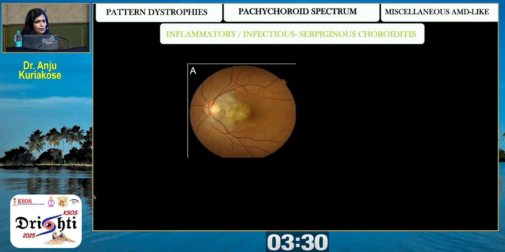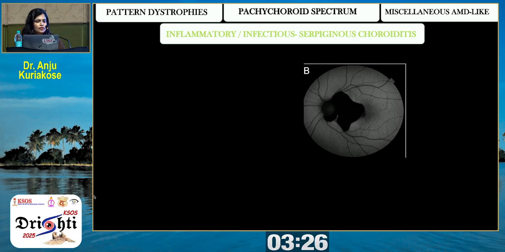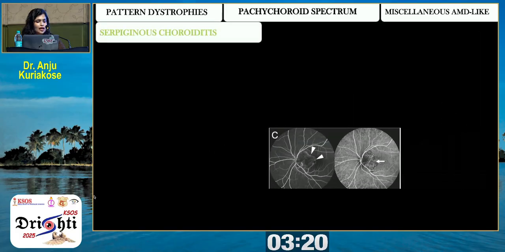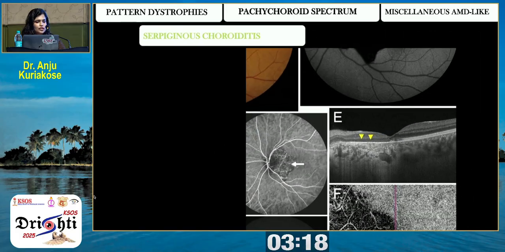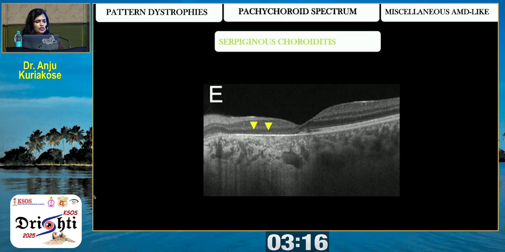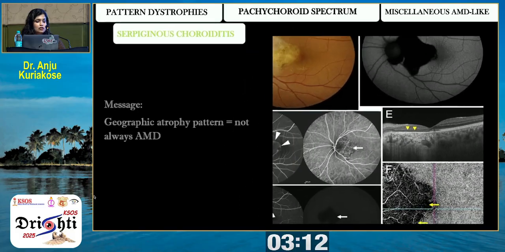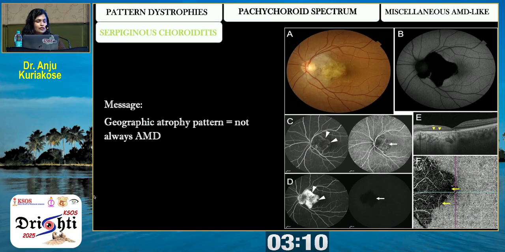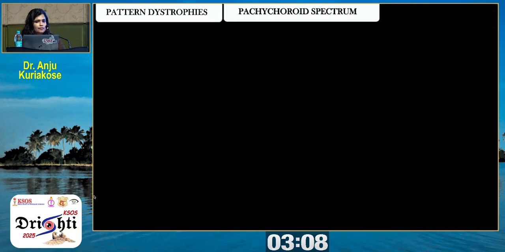Next, under the inflammatory category, serpiginous choroiditis: peripapillary snake-like lesion, FAF showing advancing hyperautofluorescent edges, and OCT showing outer retinal loss. The message here is that not all geographic atrophic patterns are ARMD.